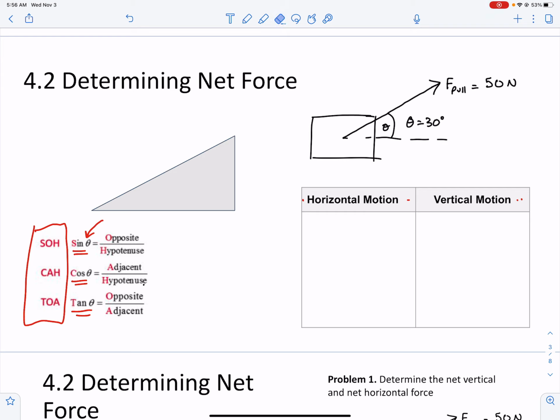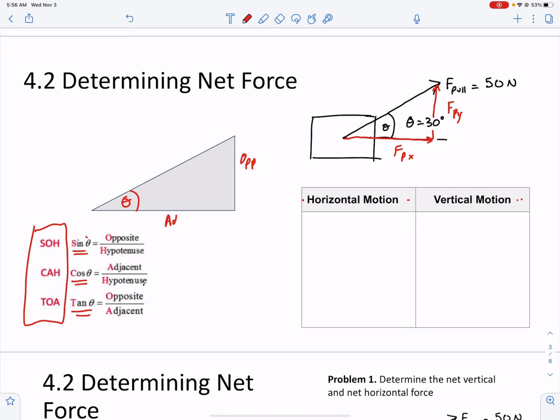All right, and so imagine I was trying to pull on this block upwards at an angle of 30 degrees from the horizontal. And we would recognize if I was pulling upwards, then this overall pull upwards at an angle, we would have a y component. And I'm also pulling to the right, we have a horizontal x component. Okay, and so if I wanted to find those, I could say, well, this is the opposite leg from this angle on a triangle.